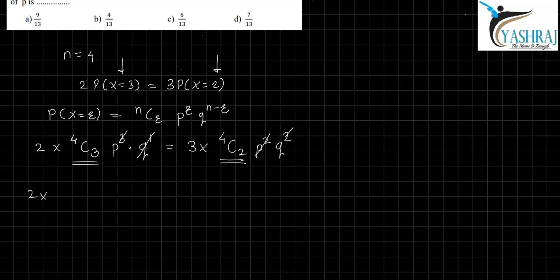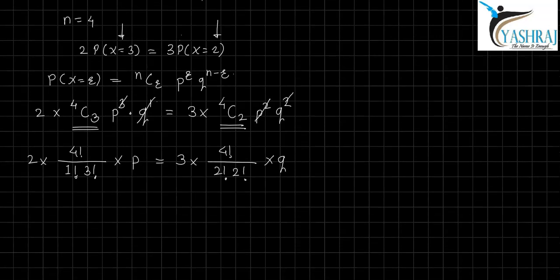So 4C3 we can write as 4 factorial divided by 4 minus 3 as 1 factorial into 3 factorial into p is equal to 3 into 4C2, we can write it as 4 factorial divided by 4 minus 2 factorial becomes 2 factorial into 2 factorial, and we remained with one of the q. Now 4 factorial from both sides gets cancelled. We have 2 divided by 1 factorial becomes 1, so no need to write down 1.